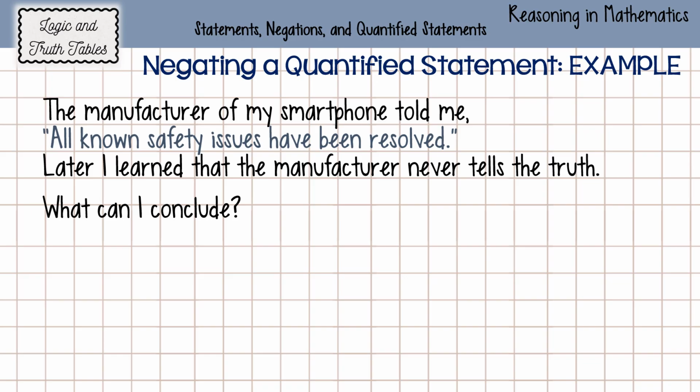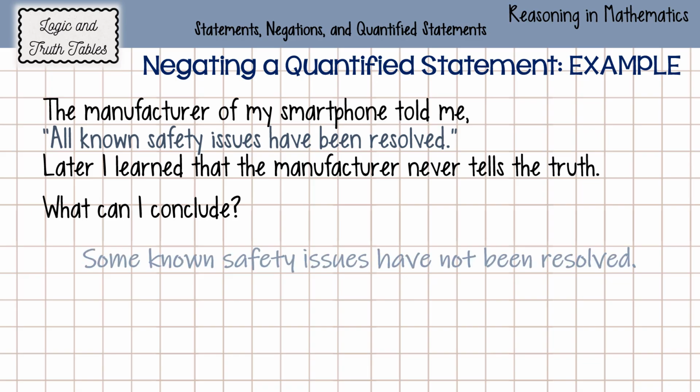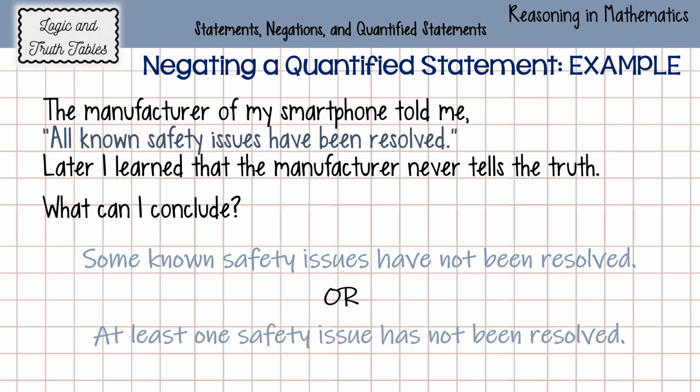We need the negation of that. So then the negation of all known safety issues have been resolved would be some known safety issues have not been resolved. Or at least one safety issue has not been resolved.